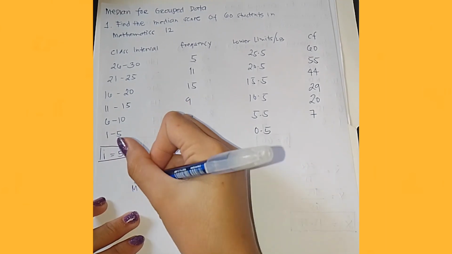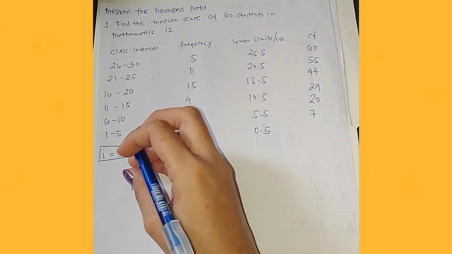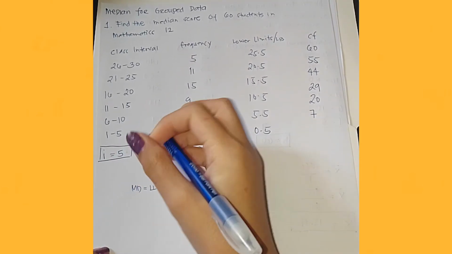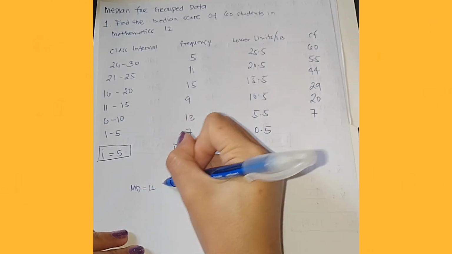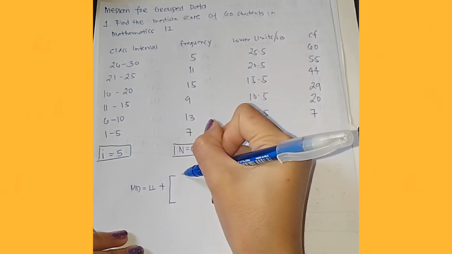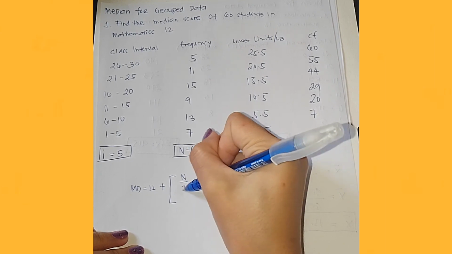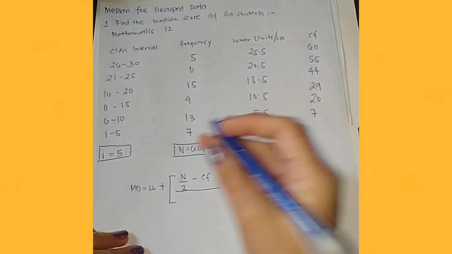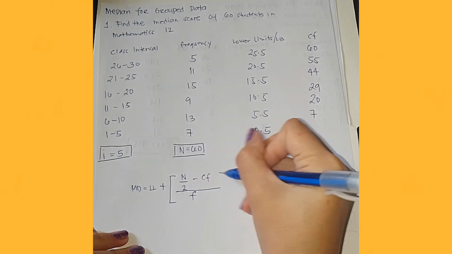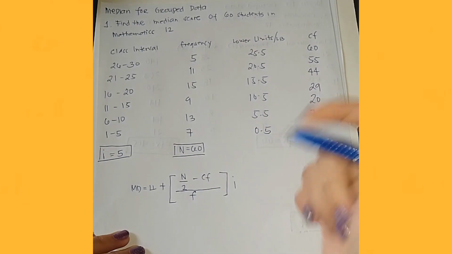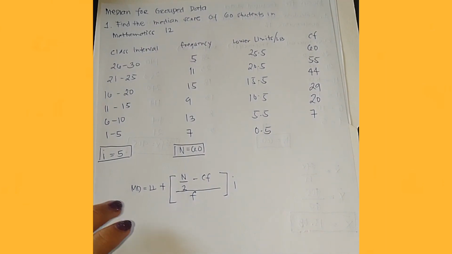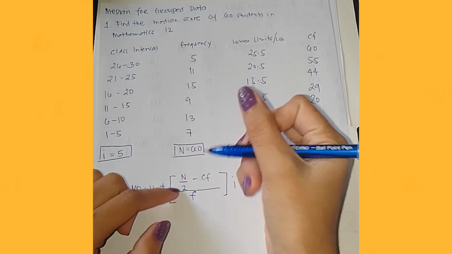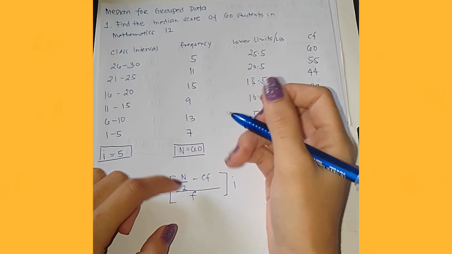MD is equal to LL plus N over 2 minus CF, all over F, times I. So, first, we need to get N divided by 2.